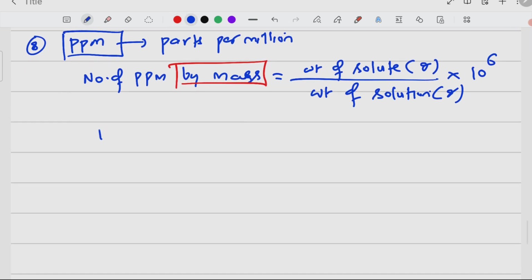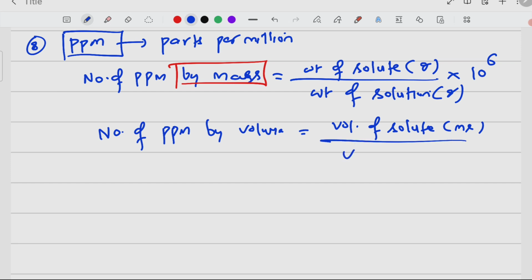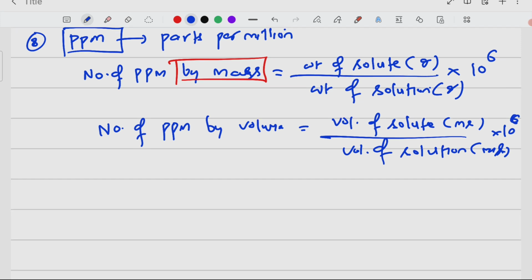Same if you want to write for volume: number of ppm by volume is equal to volume of solute in ml, by volume of solution also in ml, into parts per million. So here it is 10 power 6. There it was parts per million by mass, here by volume. Both are related.